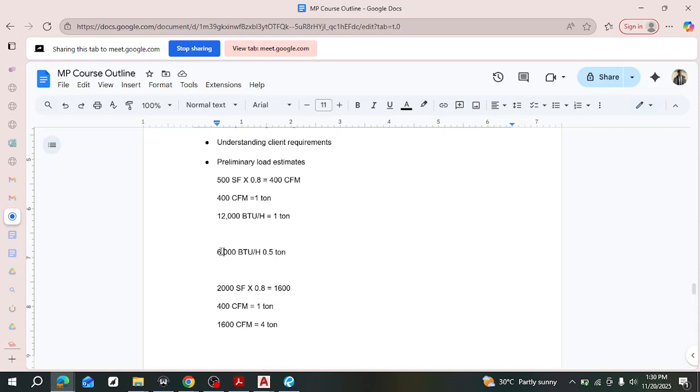You still do the normal area to CFM to ton, but when you get to the ton, you convert it back to BTU because you're not using the CFM. But this BTU works for both systems, ducted and ductless. Most times in mini splits, you focus more on just the BTU, not the CFM. Do you understand? It doesn't mean that you will not use it. It's just that you might not use it.